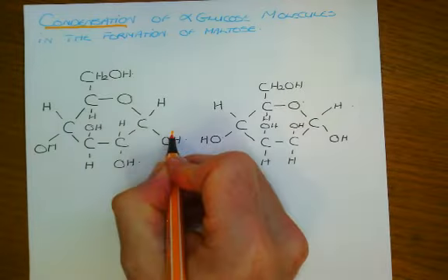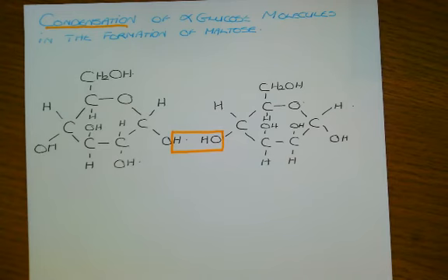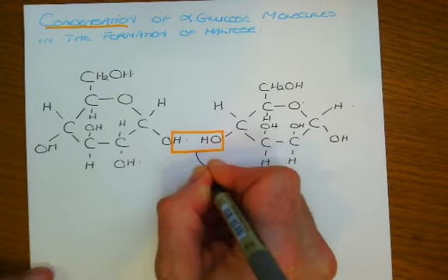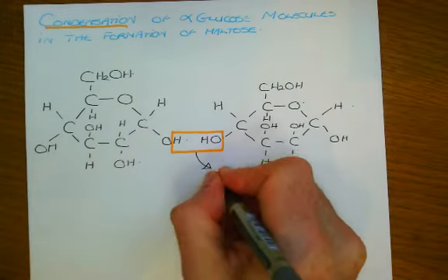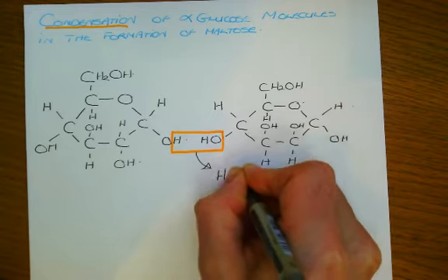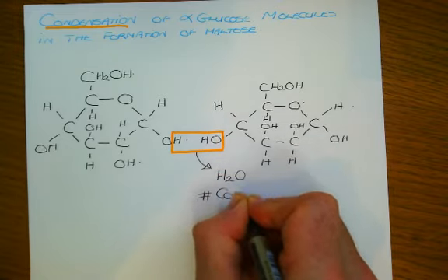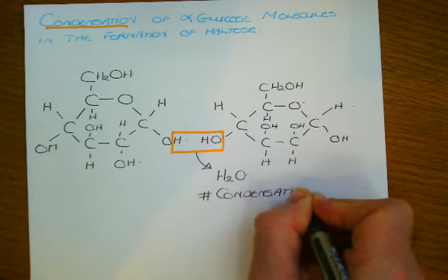What I need you to see is that there's an OH group and an OH group lined up, facing off against one another. And this is a condensation reaction, so think production of water. We're going to draw a little square around the two hydrogens and the oxygen there, because that will indicate the water molecule that gets produced during this condensation reaction when these two alpha glucose molecules are joined together to form one disaccharide.